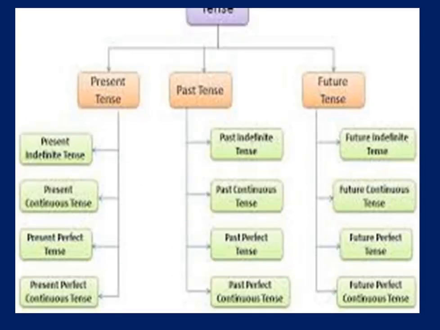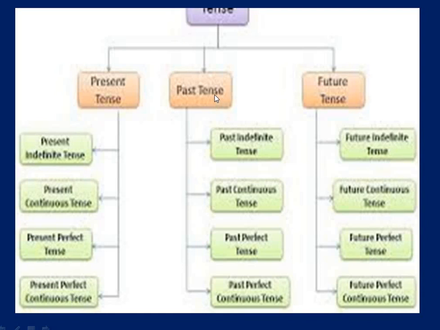Now see this chart, my dear students. Can you see 12 forms? In present tense, there are 4 subtopics: present indefinite tense, which is also known as simple tense, present continuous tense, present perfect tense, then present perfect continuous tense.